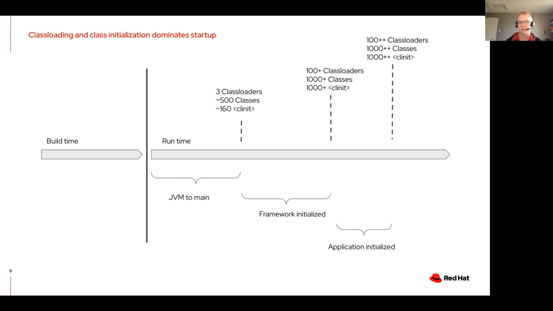We're talking thousands of classes and thousands of class initializers. And then the application pushes things to the next level, right? It's still hundreds of class loaders, it's still thousands of classes, and still thousands of class initializers. It's just the next level of work done there as well. So we've got a lot of classes loading and initializing that dominate our startup time.